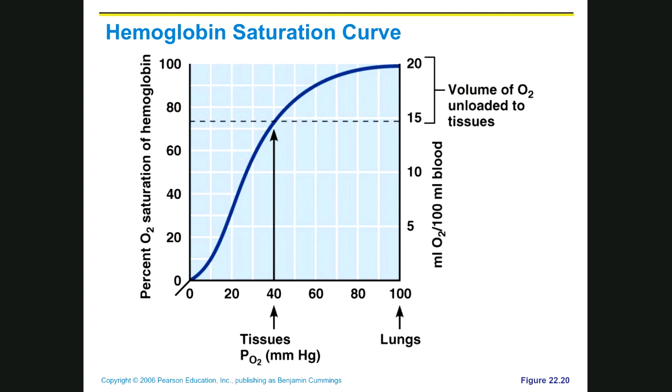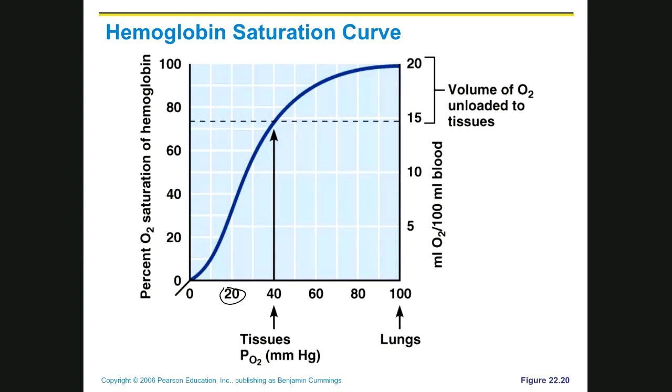Remember, hemoglobin can bind 1, 2, 3, or 4 oxygens, up to 4, and it just depends on how much oxygen there is, how much gets bound. When we have very little oxygen, very little is going to be bound. If I have a partial pressure of oxygen that's 20, not much hemoglobin is going to have oxygen on it.